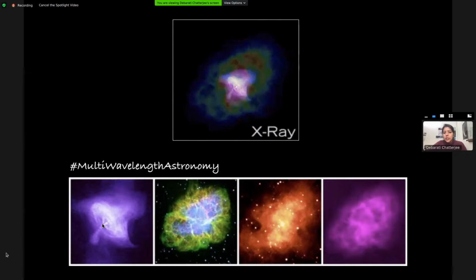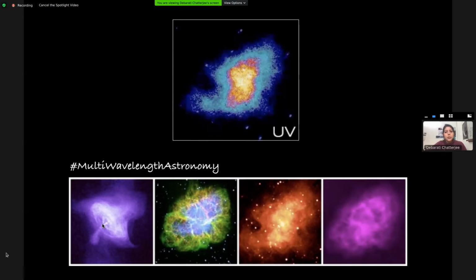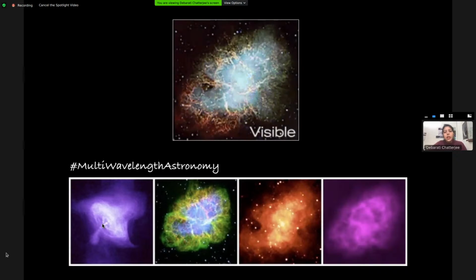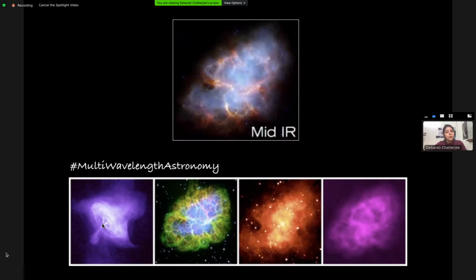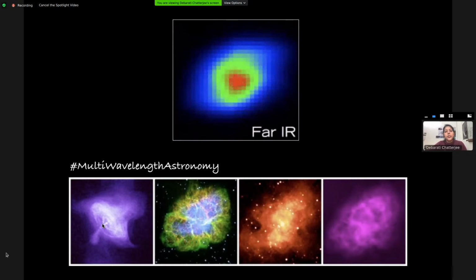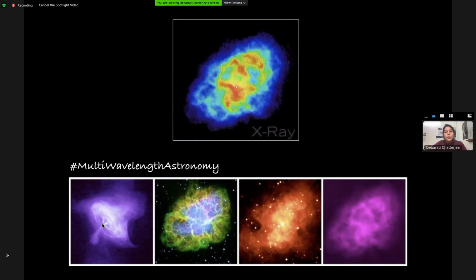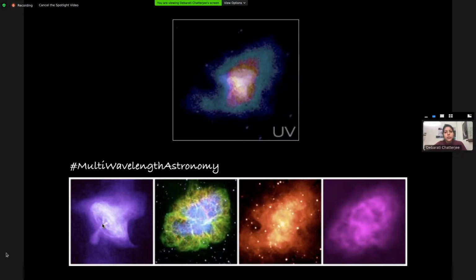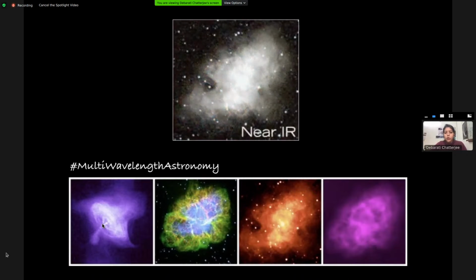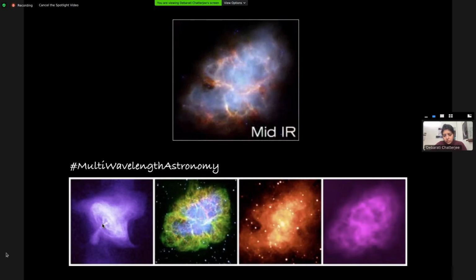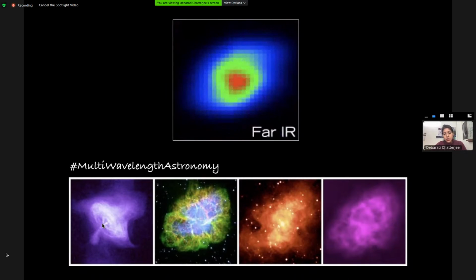So these multi-wavelength observations, radio in addition to other frequencies, help us understand a lot of different features of pulsars, their wind nebulae, their formation, and so on. So we can have a complete understanding of their features and their formation.